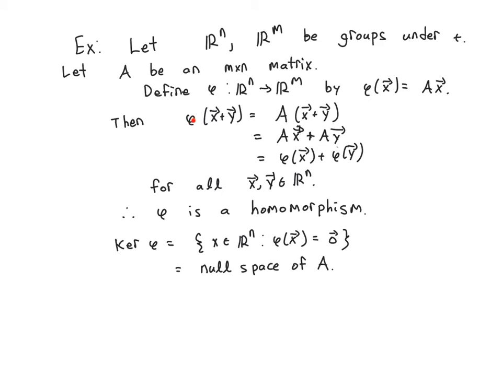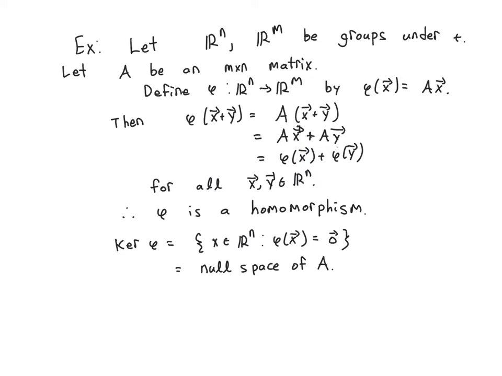Well then, you can check that given any two vectors x and y in R^n, phi of x plus y is just A of x plus y. One of the features you learn in linear algebra about matrix multiplication is that it distributes over vector addition. So you have A x plus A y.